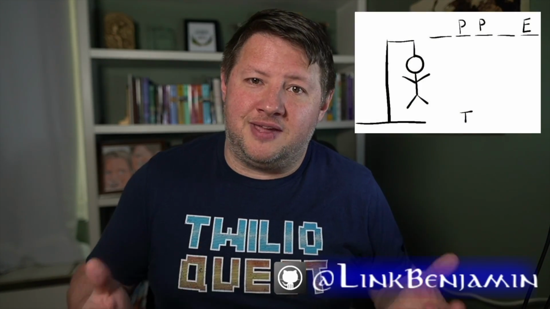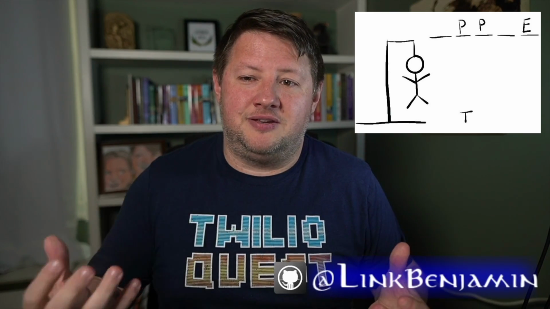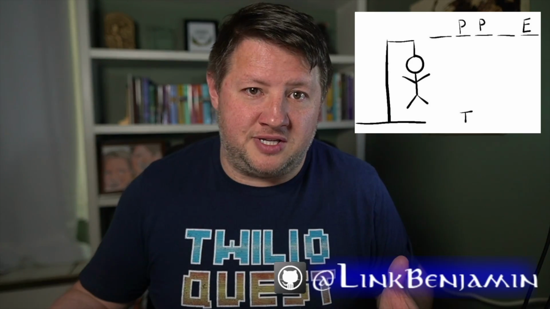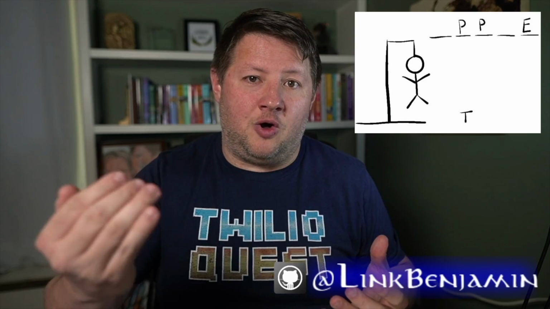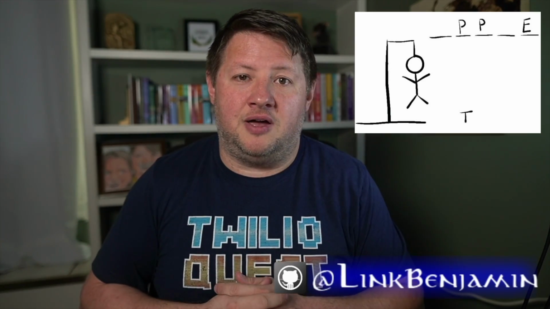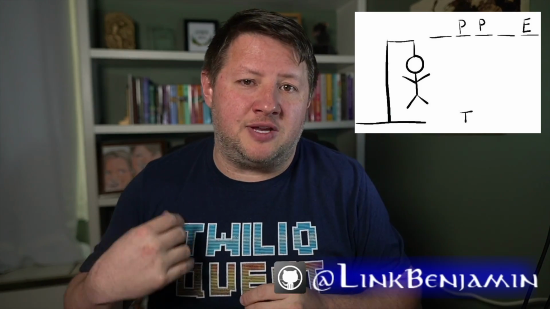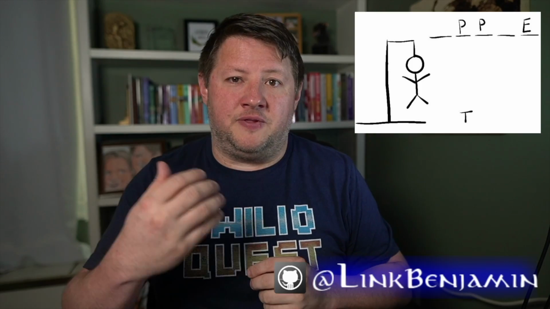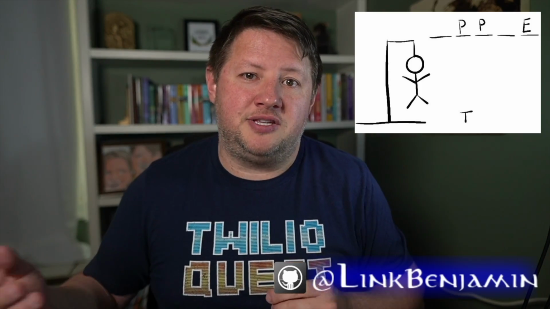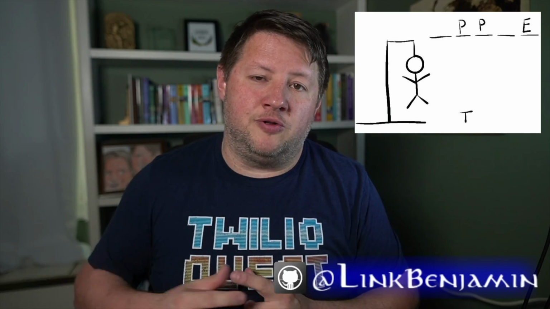Now, if you're not familiar with Hangman, it looks kind of like this, and the idea behind Hangman is a word or a phrase is chosen, and all we see is the number of characters and the number of words on the screen. And then as we guess letters, if the letter appears in one of the spots, then we add it to the spot and we're trying to complete the word or the phrase.